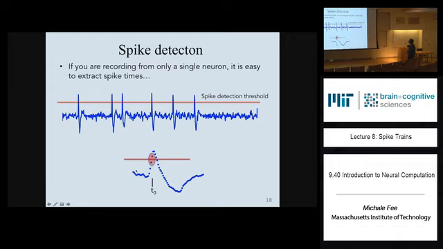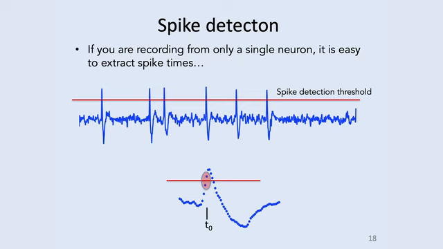Okay? So here are the individual samples associated with one action potential. You can see that a voltage right about here will reliably detect these spikes, and then basically you write one line of MATLAB code that detects where this voltage crossed from being below your threshold on one sample to being above your threshold on the next.